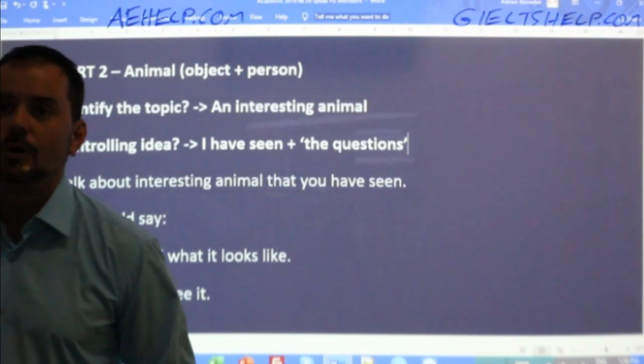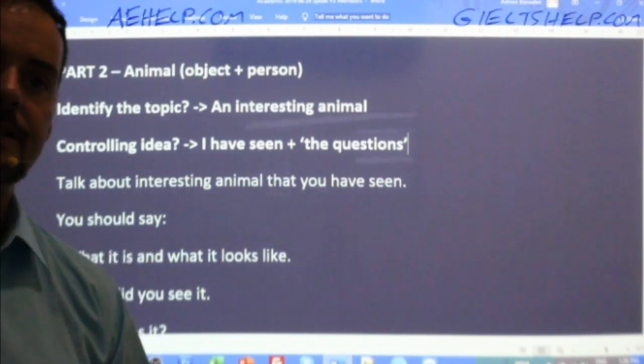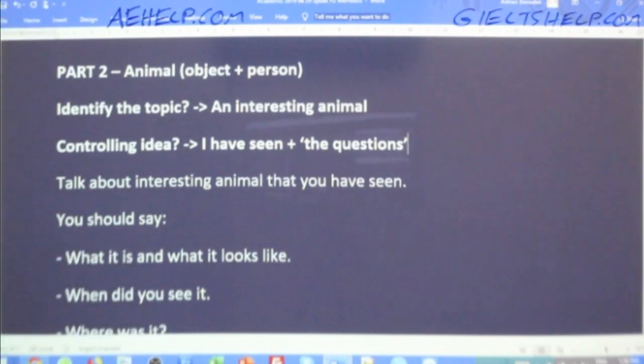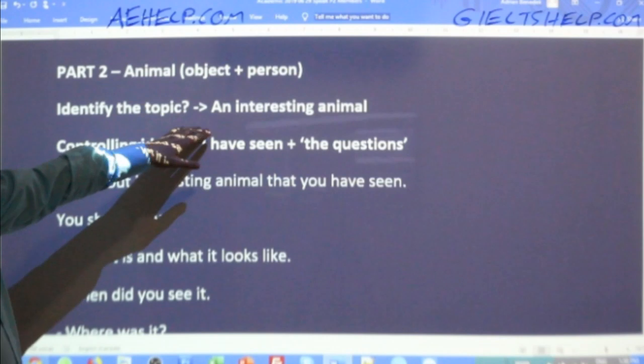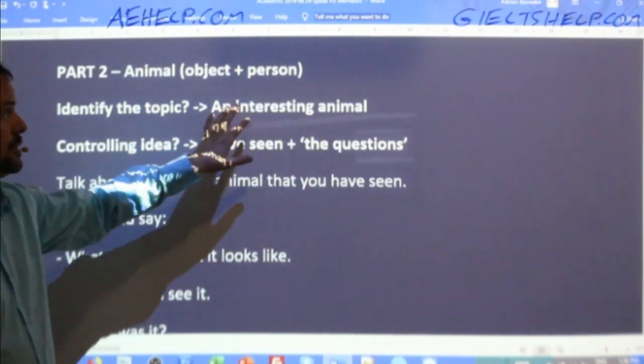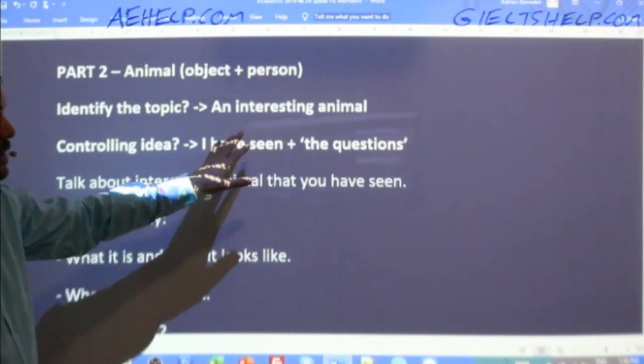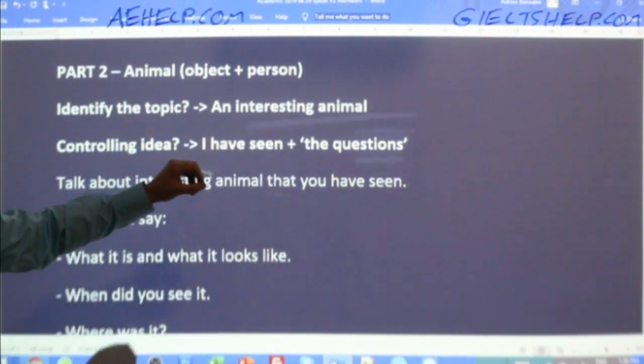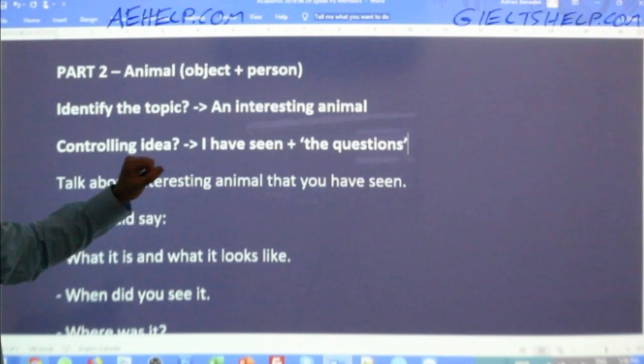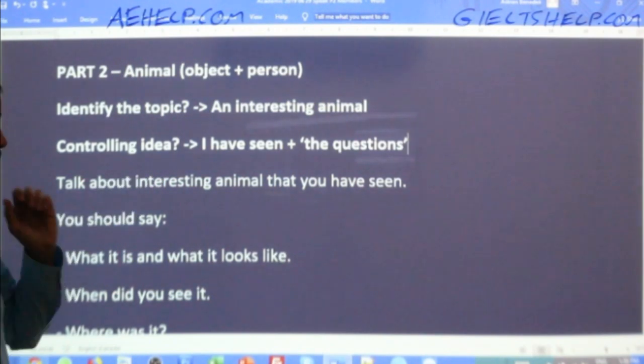Okay, so this would be, yeah, Kisi, very good. So this would be an effective way to break down this question. First, identify the topic as an interesting animal. So it's an interesting animal, not just an animal. You want to be very careful. If you say dog or cat, it's going to be very tricky and you might not get a very good band score.